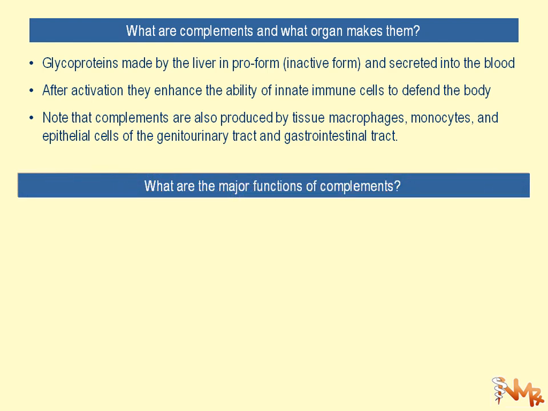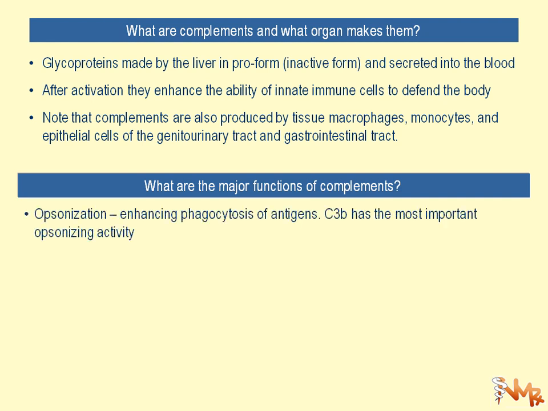What are the major functions of complements? Opsonization means that they enhance phagocytosis of the antigens. C3b by far has the most important opsonizing activity, followed by the next number, that is C4b, as we're going to see shortly.